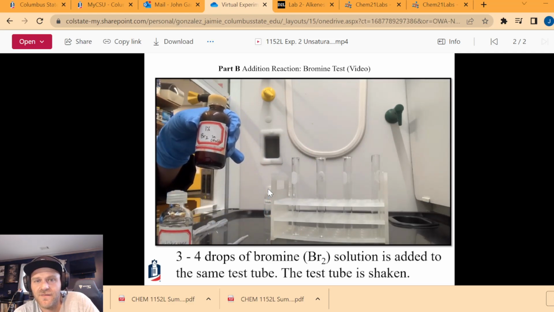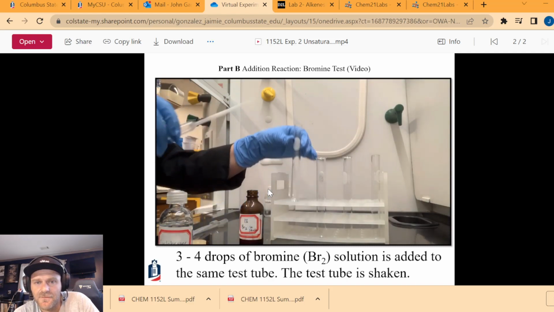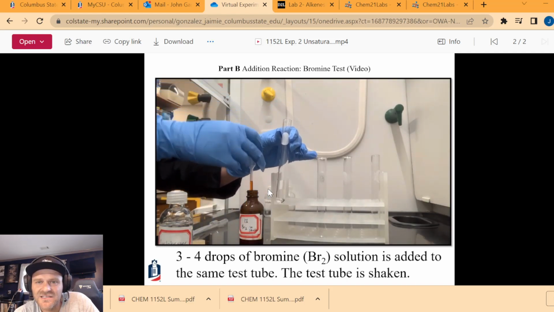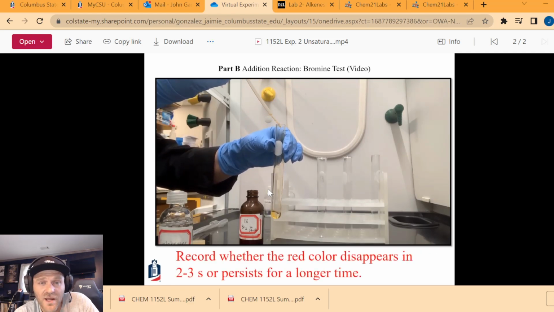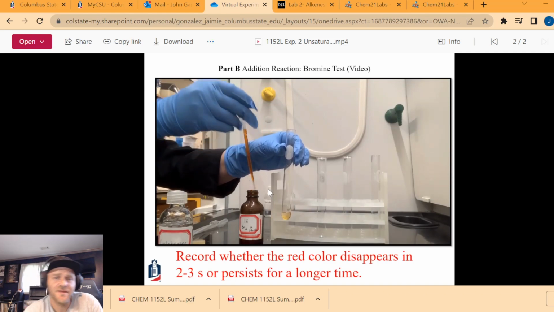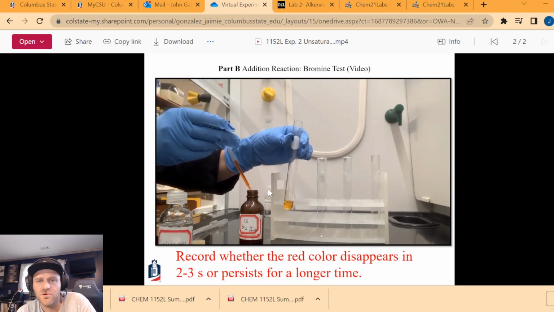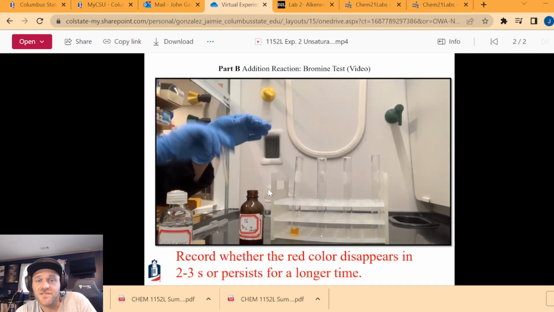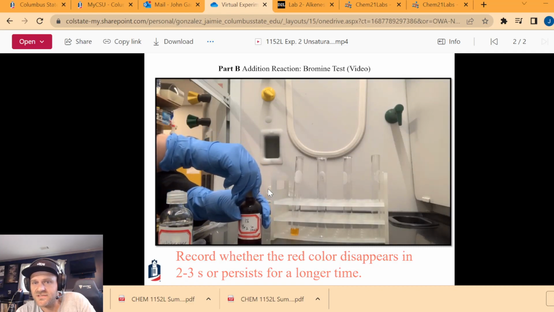So in this experiment, if a reaction occurs, then the bromine will add to both sides of the double bond, and that means that the bromine red will go away. Now, all this information is in your pre-lab discussion with Dr. Taylor, and it's also in the lab manual, the PDF lab guide. So, notice that on cyclohexane, the red color persists.